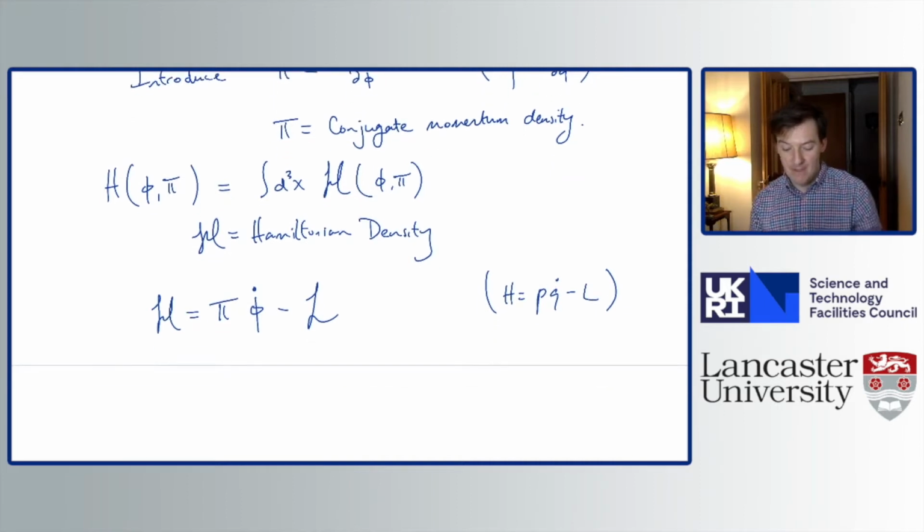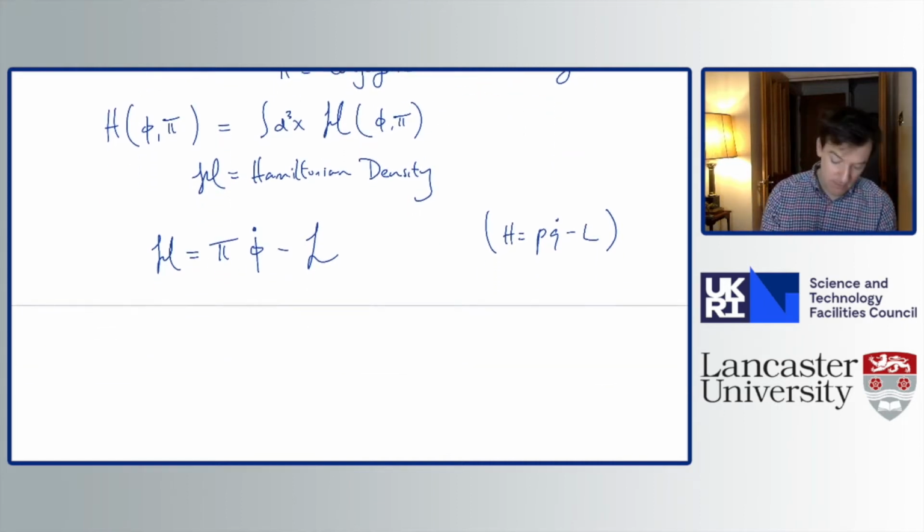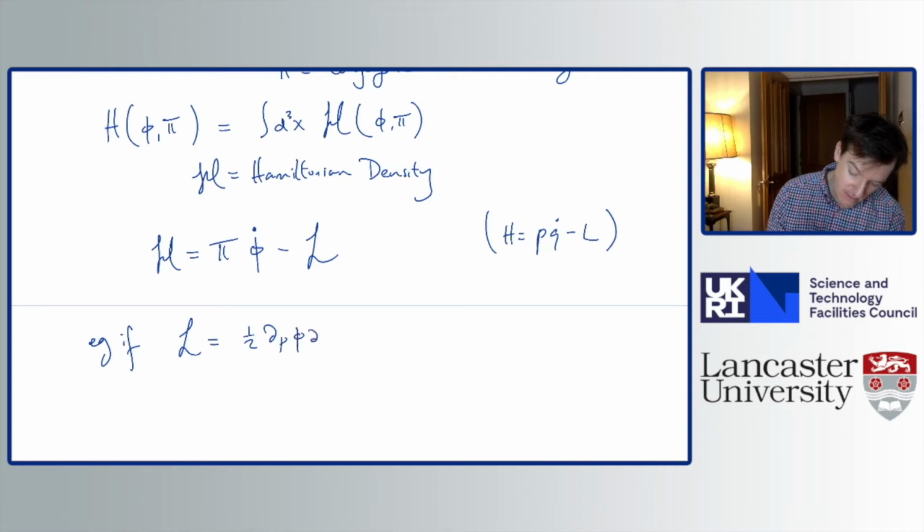Let me give you an example using this Lagrange density that we've been looking at for the real scalar field. It's a half (partial mu phi)^2 minus a half m squared phi squared.